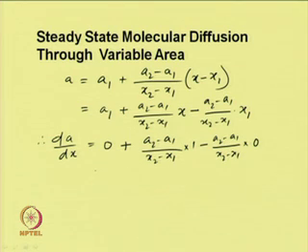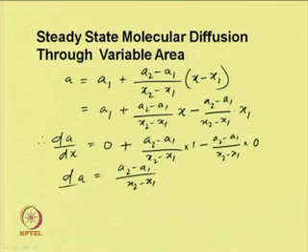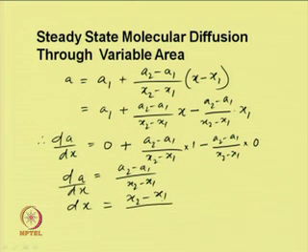So, this will be (A2 minus A1) by (x2 minus x1). So, we can write dA by dx is this. So, dx we can write as (x2 minus x1) divided by (A2 minus A1) dA.